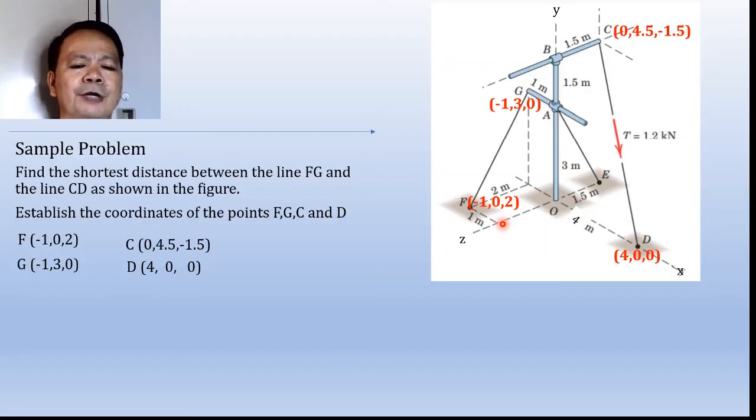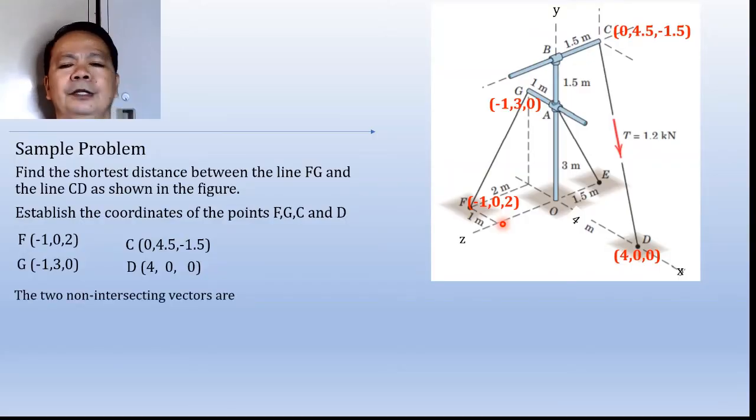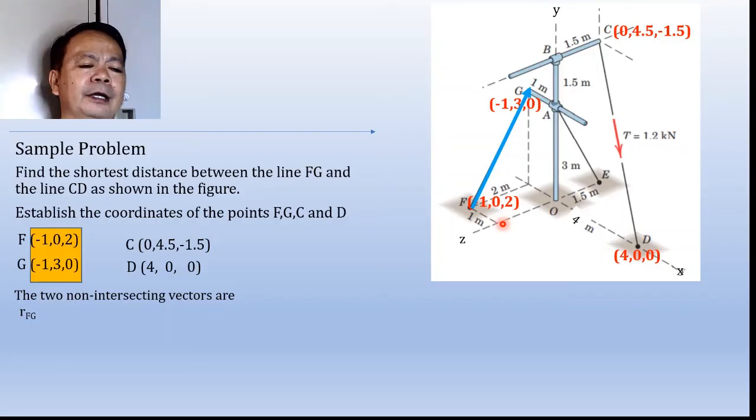So from this coordinate, we can now identify the two non-intersecting vectors, such as this one. This is the first vector that is identified as the vector that is passing through F and G, whose coordinates are given in this shaded value coordinates.